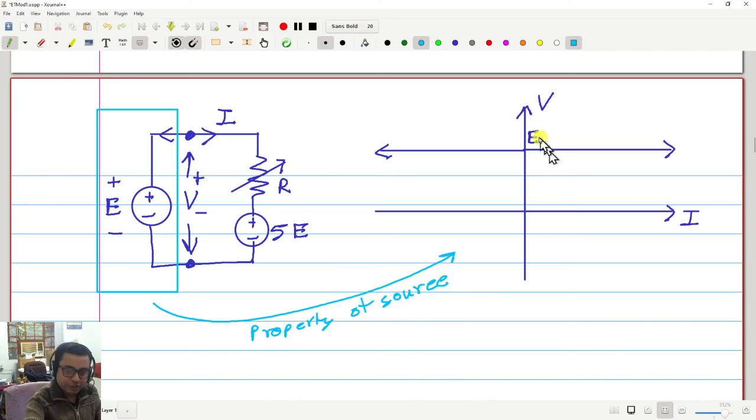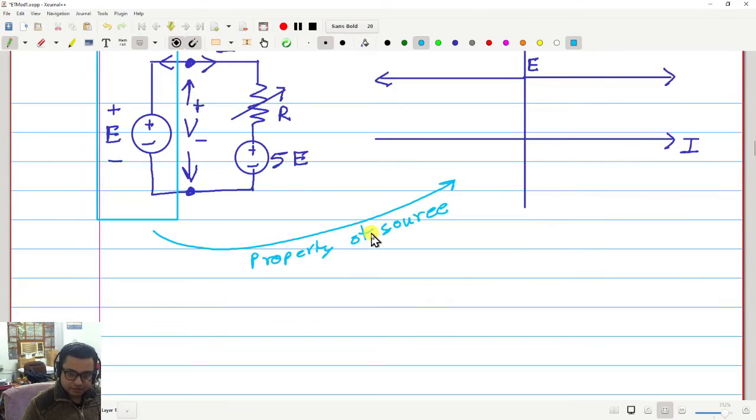So this is not depicting the property of the resistance. I can change the value of the resistance, and that should not come in this picture, because this picture is not about the resistance. This picture is about the source. Okay, so the slope is always 0.